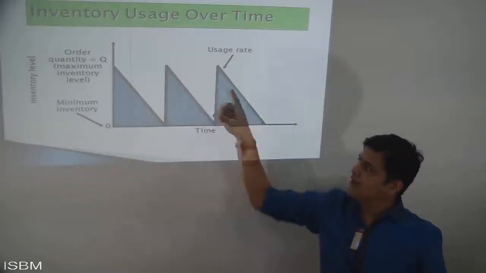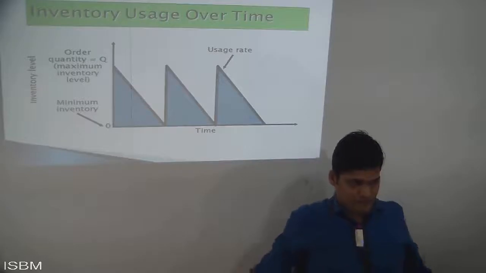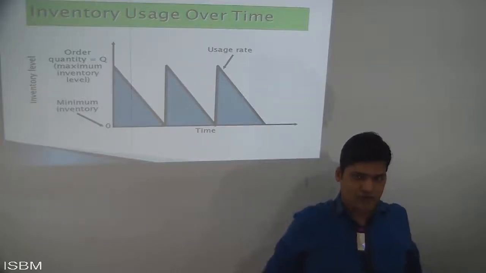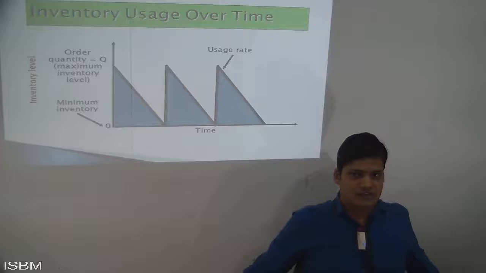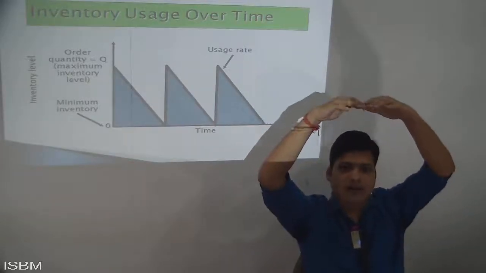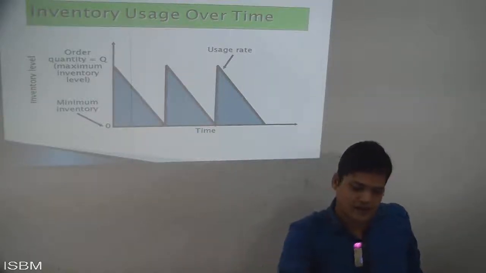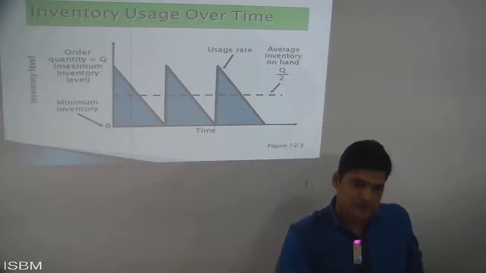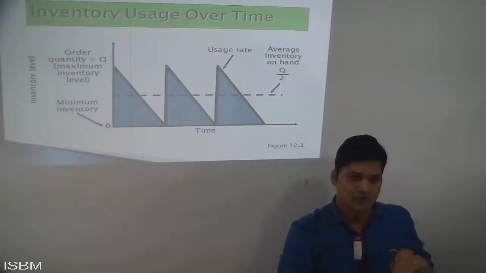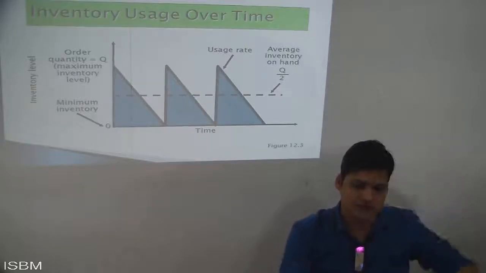So it is going up and down, up and down. Why does it go down? Initially when the product or goods have come, it is high. There is a lot of inventory. When the demand comes, it goes down and down like that. So the average inventory on hand is Q by 2. Total inventory order quantity is Q, so the average is Q by 2.